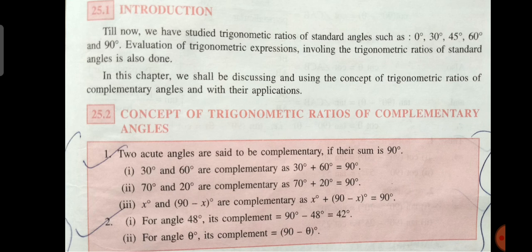Yes, subtract the given angle from 90. So if we are given an angle theta, then its complementary angle is 90 minus theta. I hope all of you understood.